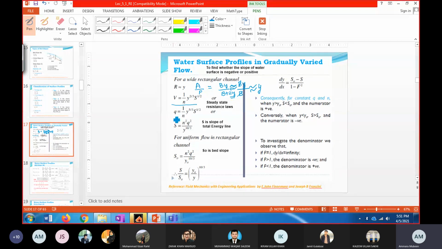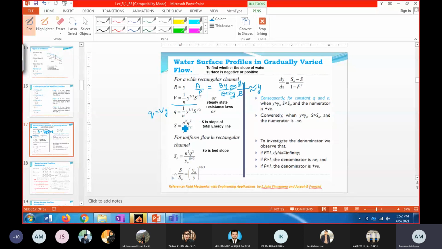Then, converting this equation in terms of small q, as you know that small q is equal to v multiplied by y, so v would be equal to q over y. So write this whole equation in terms of small q.